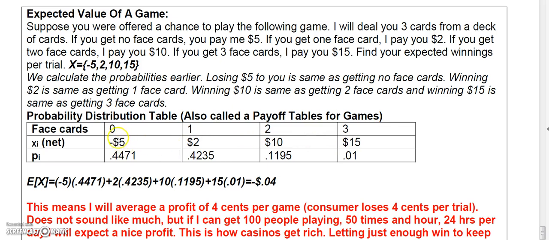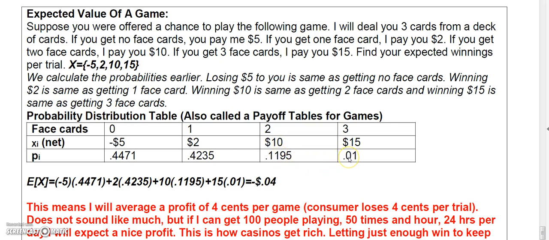Now I calculated the probabilities of these in an earlier example, so you can go back and look at that. But I found that the probability of getting no face cards was 0.4471, and so that's going to be the same as the probability for losing $5. The probability of getting 1 face card is 0.4235, and that's the same as the probability for gaining $2. The probability of getting 2 face cards is 0.1195, and that's the same as the probability of gaining $10.